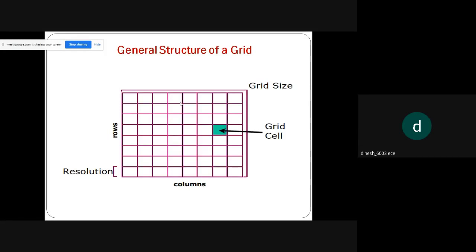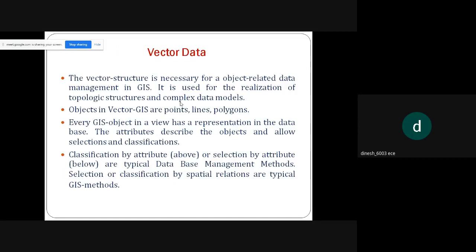So vector structure is necessary for object-related data management in GIS, which is used for the realization of topologic structures and complex data models. The objects in the vector GIS are always points, lines, polygons. Every GIS object in a view has a representation in the database, where attributes describe the objects and allow selections and classifications.